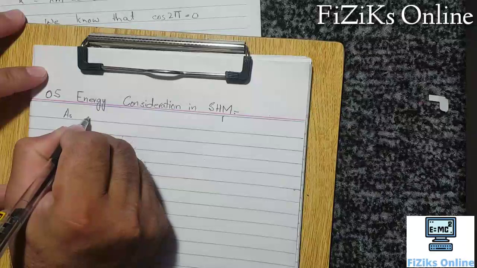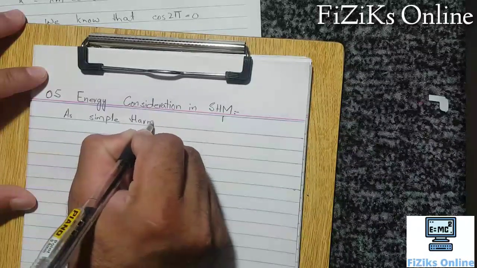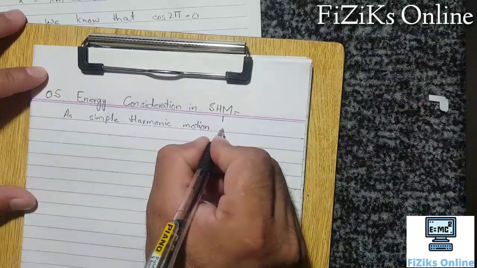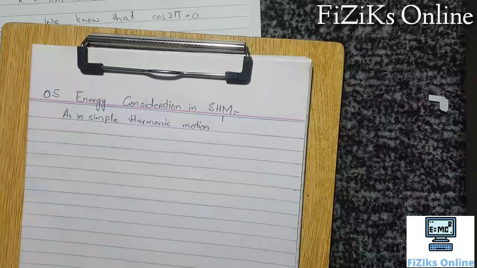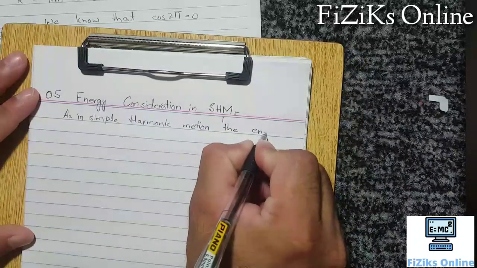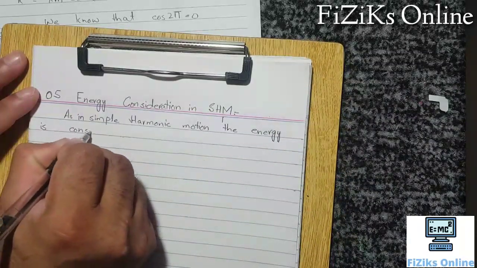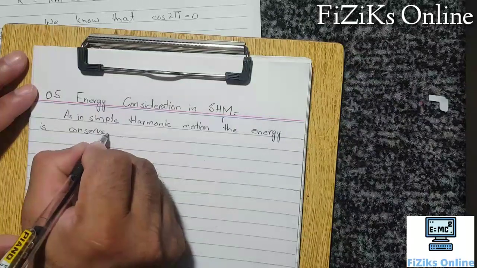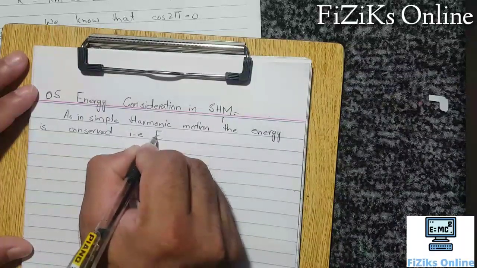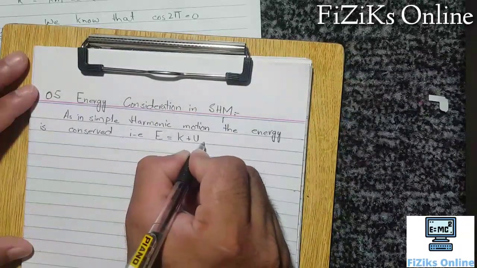In simple harmonic motion, the energy is conserved, i.e. E, energy, equals K plus U. K is kinetic energy, U is the potential energy.